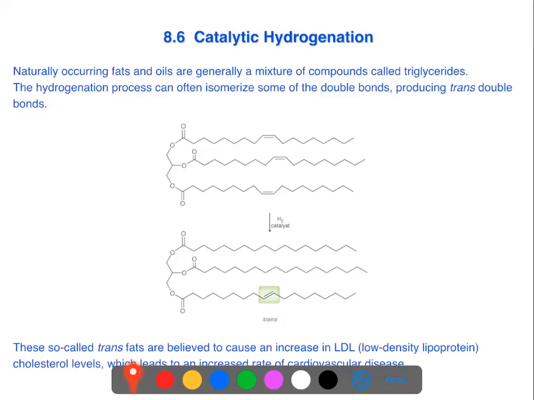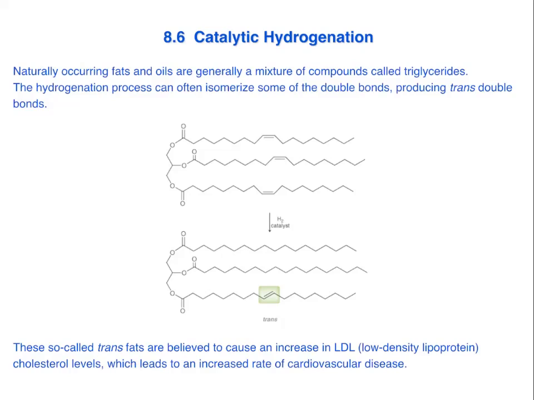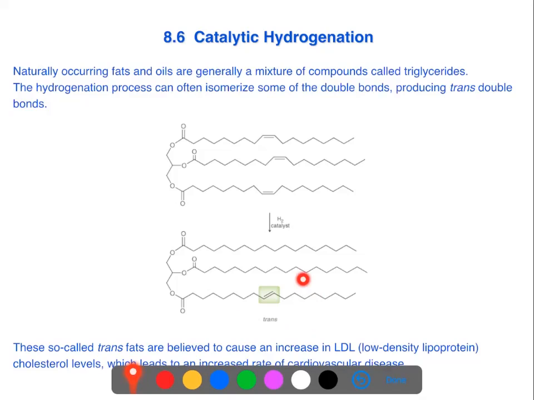And this is the distinction between your cis fats and your trans fats. And the trans fats, because they are not biosynthesized, they're synthesized through a chemical process, it's believed that, and there's strong evidence to support the fact that these fats are not good for us.